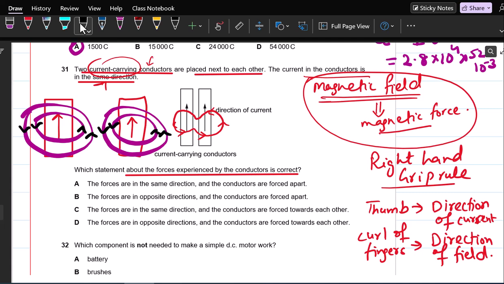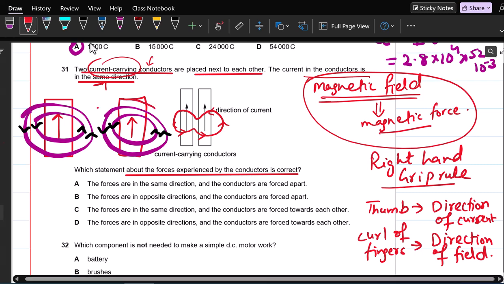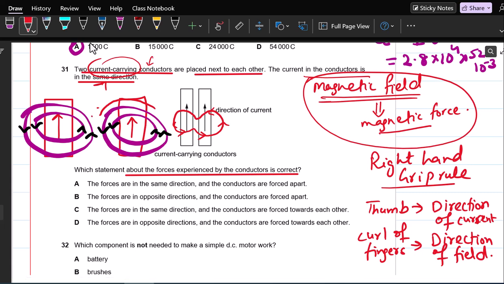If I draw another field here, you can see the force is going like this, and the one which is going in this way, they attract in this way. It is going in this direction, but the field of the second conductor will attract it. So here the forces are in opposite directions and the conductors are forced towards each other, meaning they will attract each other, forced to come near to each other. So D is right here.